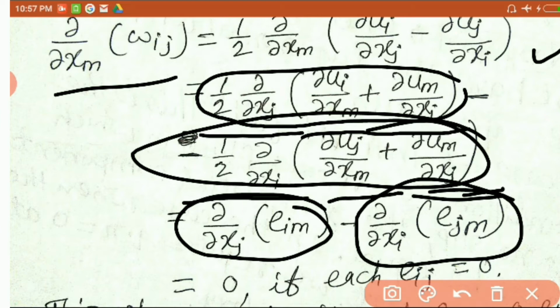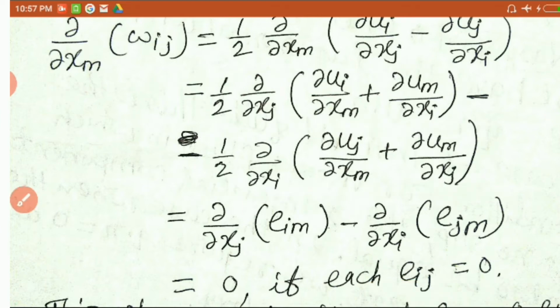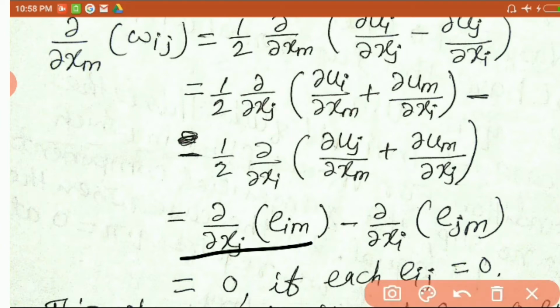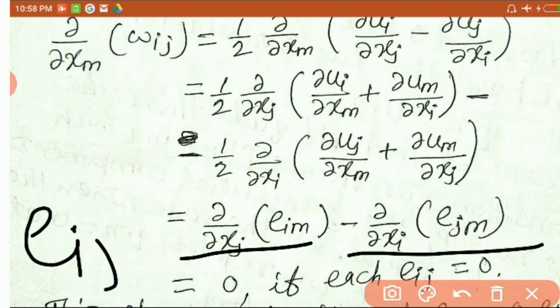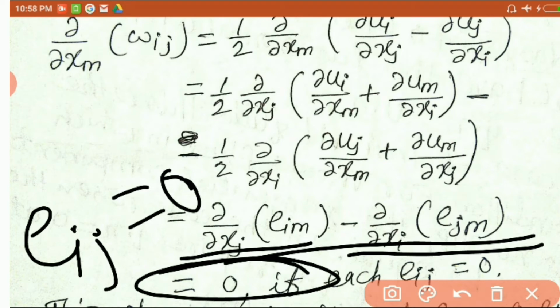So this is equal to ∂e_im/∂x_j minus ∂e_jm/∂x_i, which is equal to 0 if each e_ij is 0. If each e_ij is equal to 0, then this term will be 0.